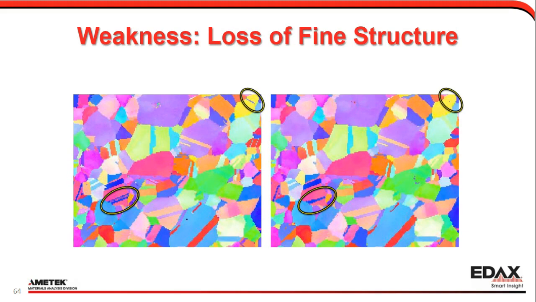Now we can apply NPAR and improve that, but one of the problems with that approach is if you have very small features, they get smoothed out because you basically smooth the image. So an individual pixel will lose its uniqueness because we smeared in the patterns from the neighboring pixels. We've averaged those in. So, for example, these small twins tend to get lost in this example using NPAR.